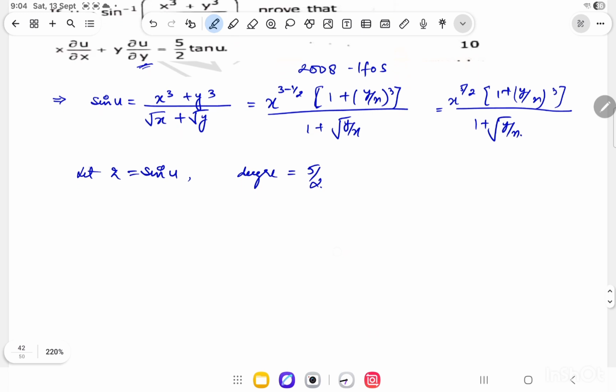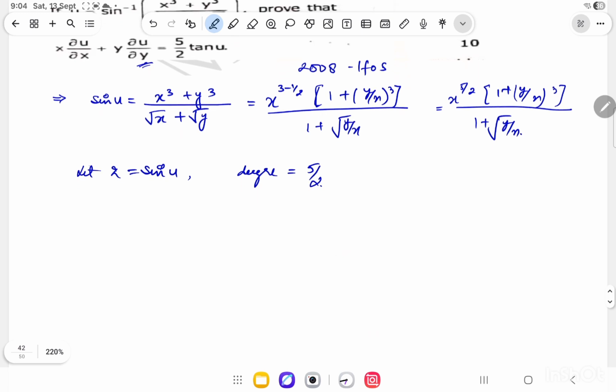So if we use Euler's first theorem, then we'll get x into del z by del x plus y into del z by del y is equal to n into z.